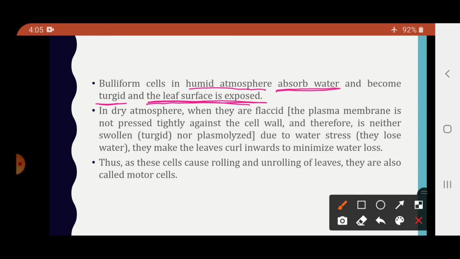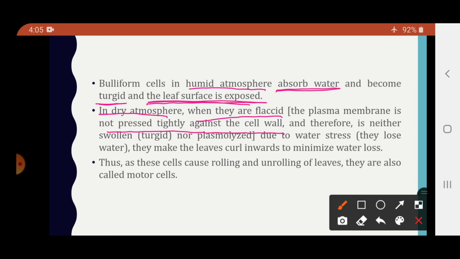When any cells absorb the water, the cells become turgid. जिसकी वजह से क्या होगा? लीफ सरफेस एक्सपोज्ड हो जाएगा. The leaf will open. Whereas in the dry atmosphere, when they are flaccid, that is plasma membrane is not tightly pressed against the cell wall.